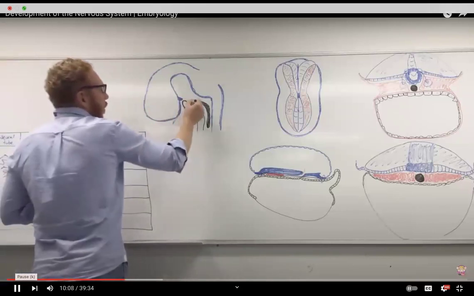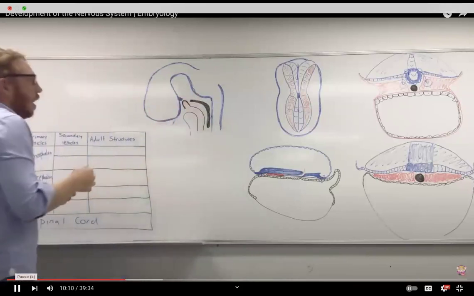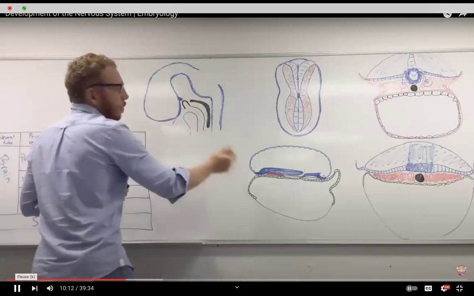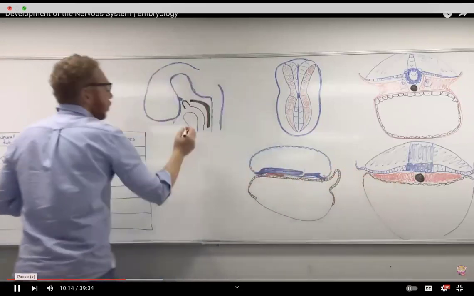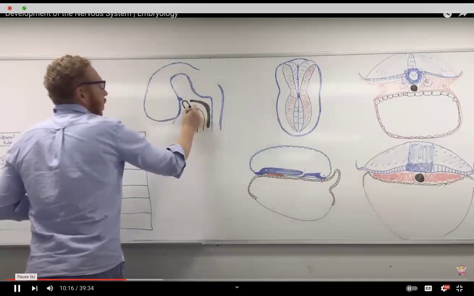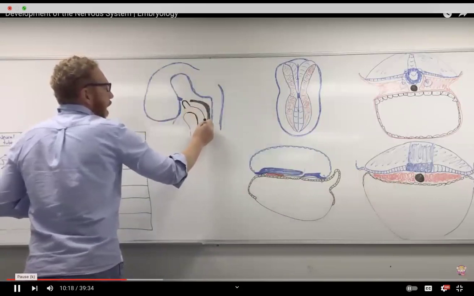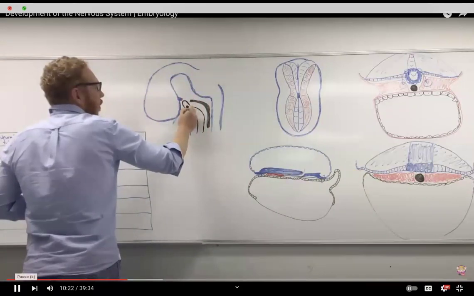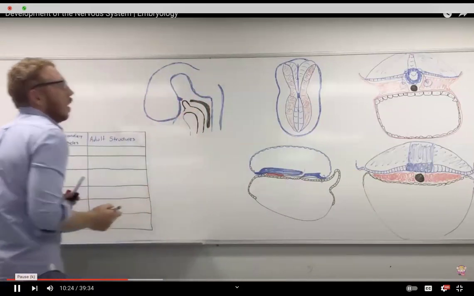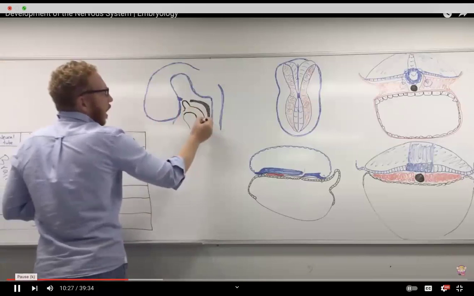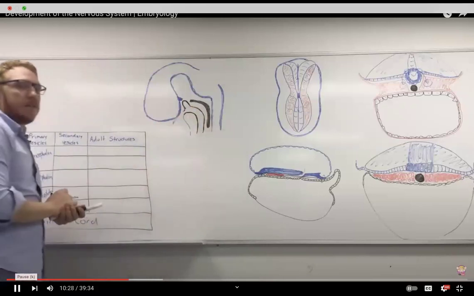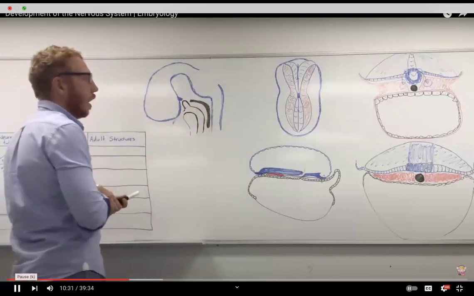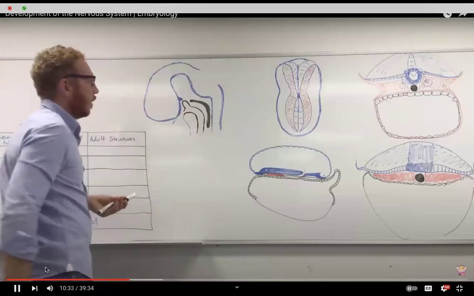What you can see coming in here is a pouch from the endoderm. This is the tube of the mouth coming to a pouch, and this is going to be the mouth of the baby. The endoderm makes the entire gastrointestinal tract, from the mouth all the way through to the anus.